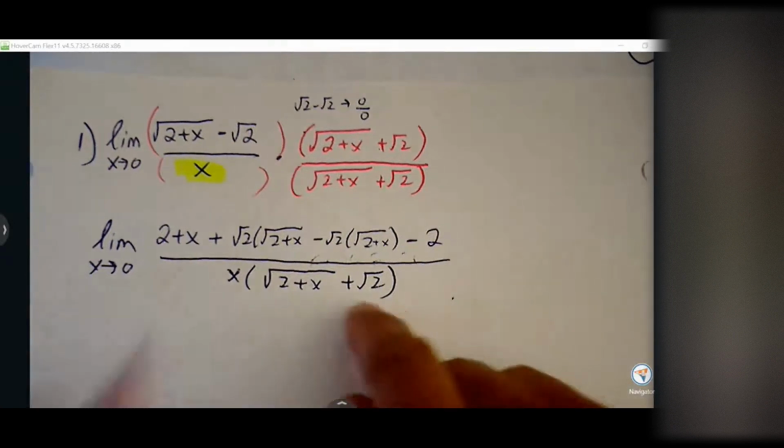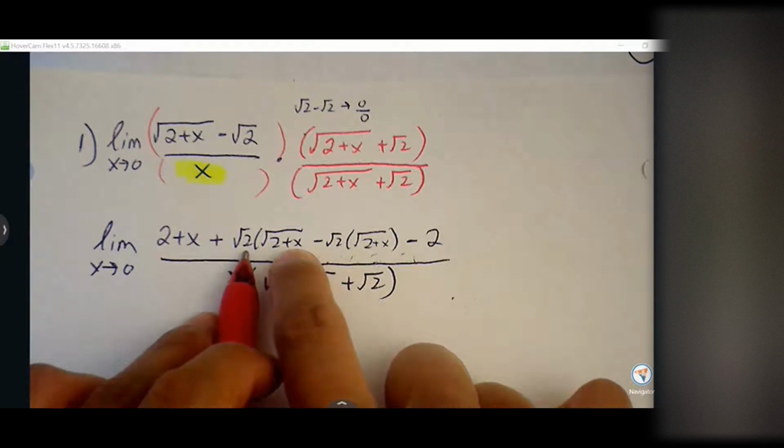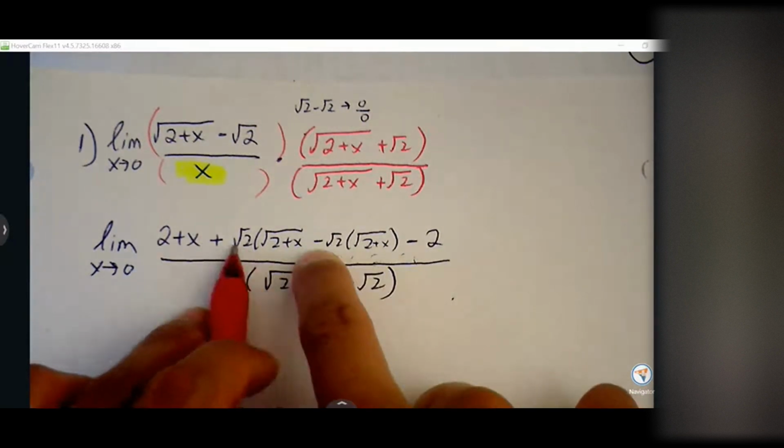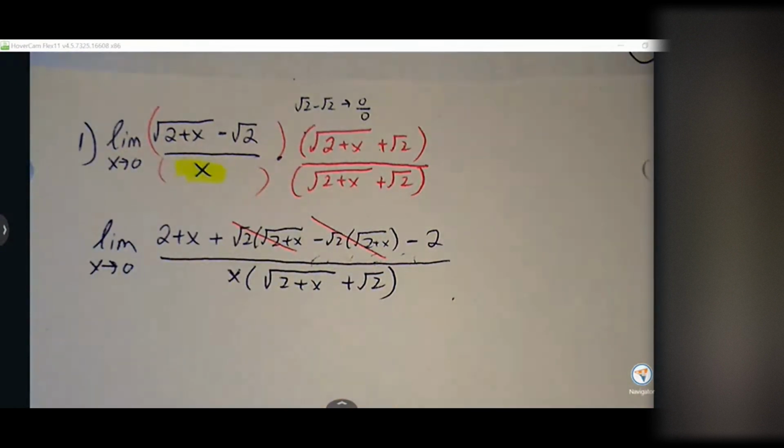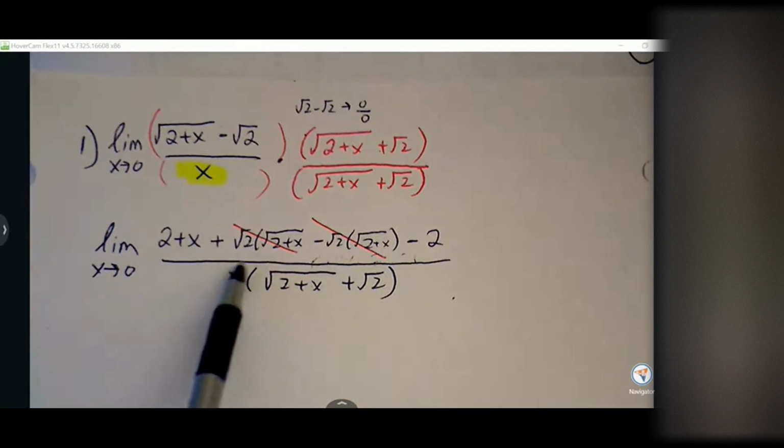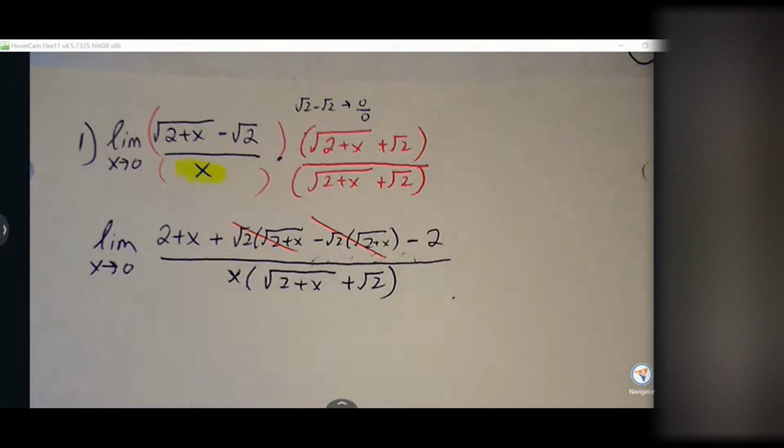The middle term should drop out nicely. We have the exact same terms, just one is positive, the other is negative, so that goes away nicely. And do not expand the denominator. The denominator is ready for you to reduce. We just want to find a way to clean up the numerator.